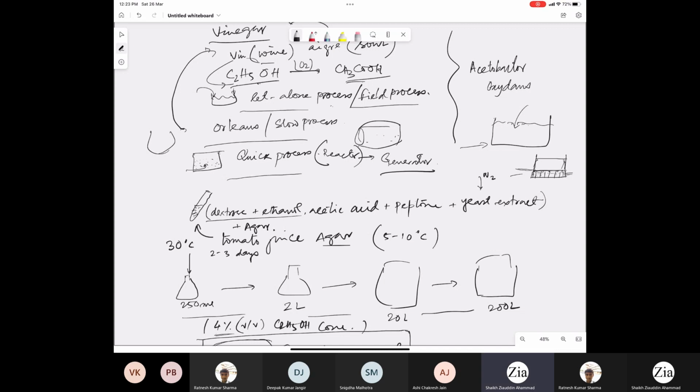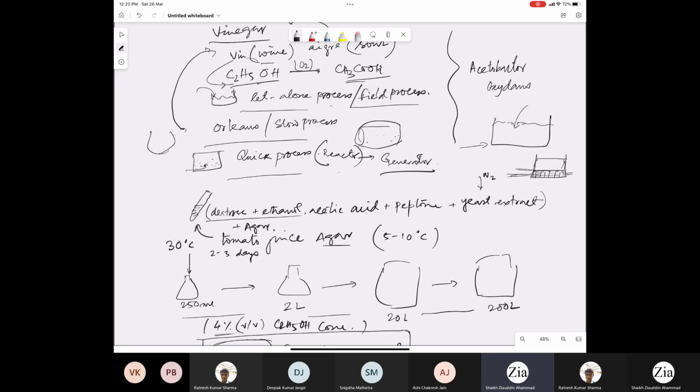So these extra holes in the reactor can increase the oxygen supply and that can make the process a little bit quicker. And in an advanced system, you can have an air supply line. So instead of having holes on the reactor wall, you can have an aerator.